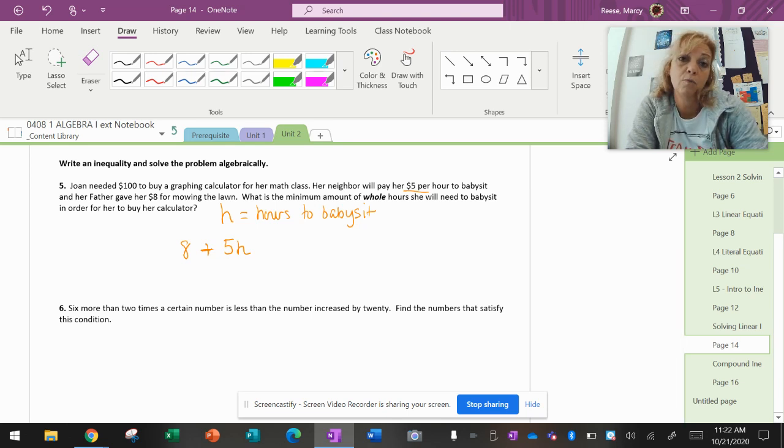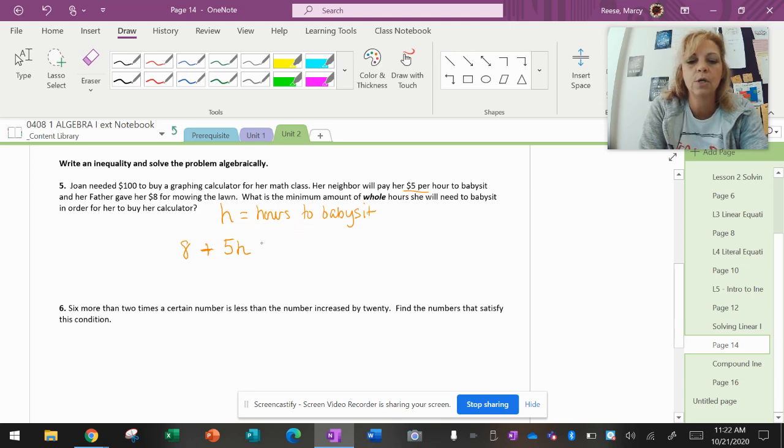So she could earn more than 100, right? So at the very least, this should be greater than or equal to $100. So this has got to be at least greater than, could be equal to $100.